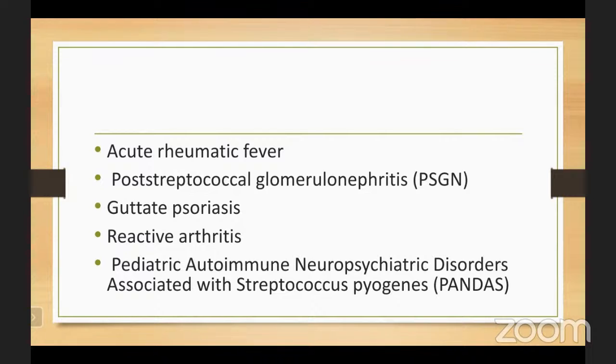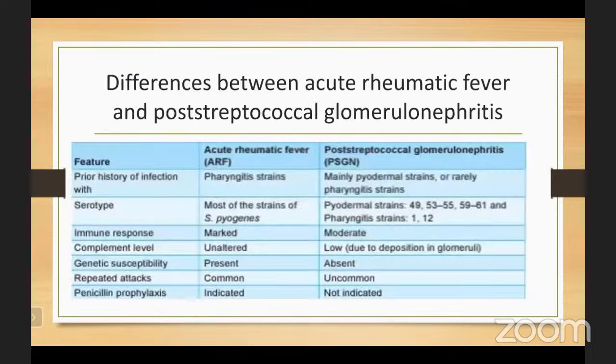associated with Streptococcus pyogenes. Next one is the difference between acute rheumatic fever and post-streptococcal glomerulonephritis. First is the prior history of infection: in acute rheumatic fever, pharyngitis strains will be there. In post-streptococcal glomerulonephritis, mainly pyoderma strains or rarely pharyngitis strains will be there.